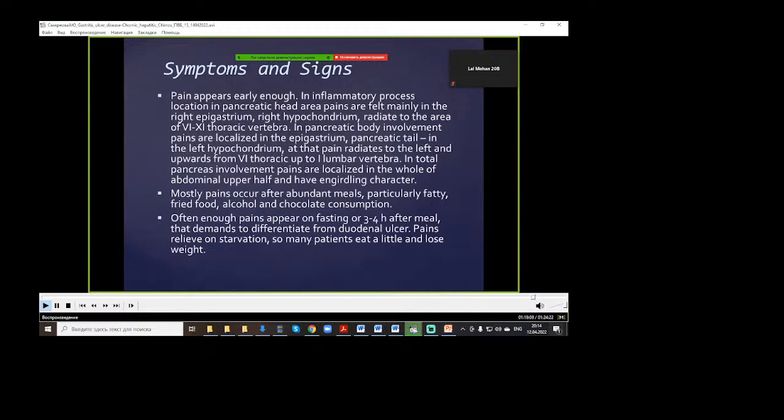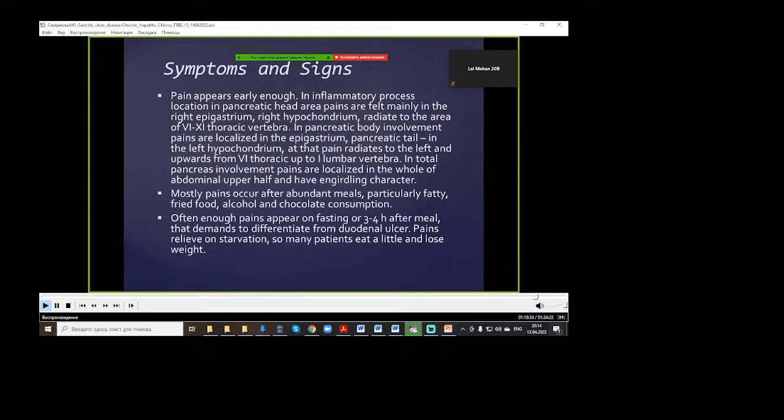Pain appears early enough in the inflammatory process with location in the pancreatic head. Pains are felt mainly in the right epigastrium and right hypochondrium, and radiate to the area from the 6th to 9th thoracic vertebrae. In pancreatic body involvement, pains are localized in the epigastrium.